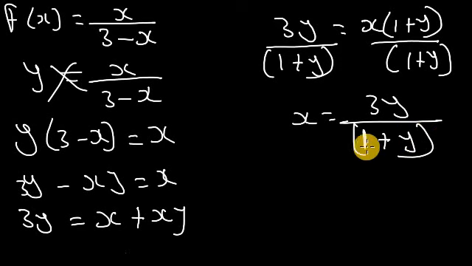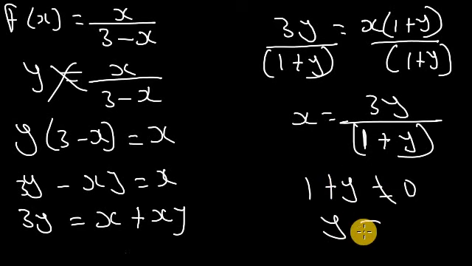To look for the domain of this function, over at the top, I have just a linear function. At the bottom, I need to make sure that it is not equal to 0. So I will set 1 plus y to not be equal to 0, and y to not be equal to negative 1.